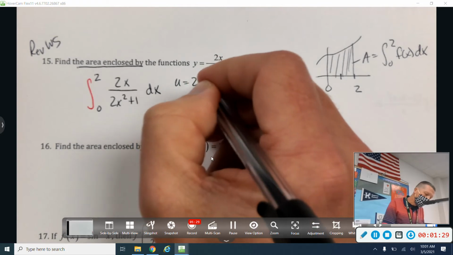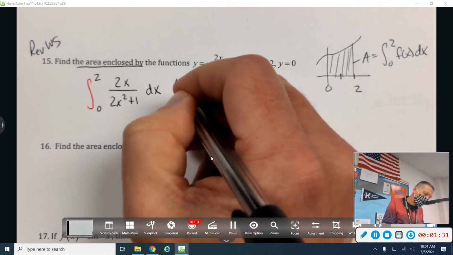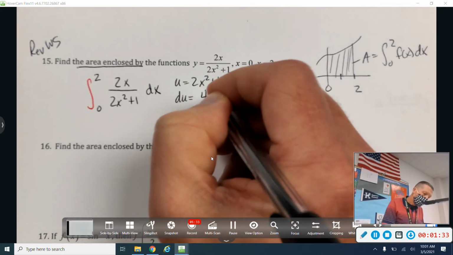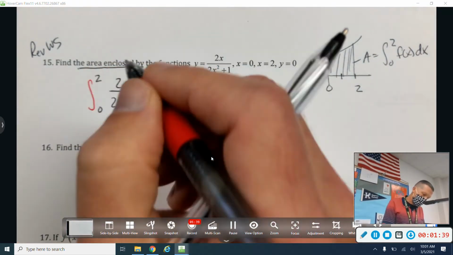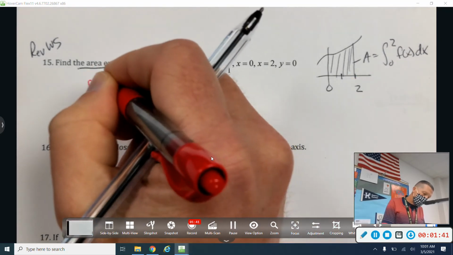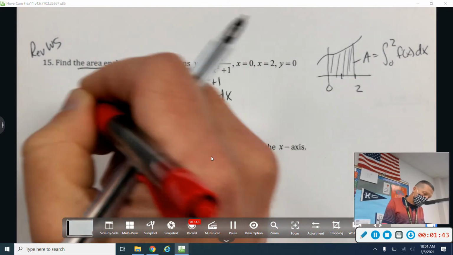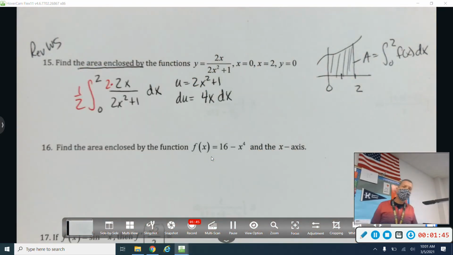So let's do u equals 2x squared plus 1. du equals 4x. That's a relatively easy fix. I'll just multiply by 2 and divide by 2 to make it 4x.